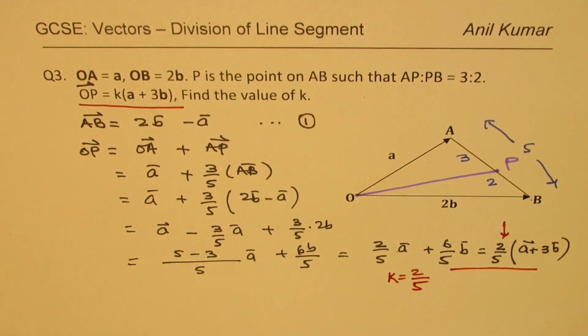Is that clear? So all the questions which are related with division of a line segment, we also call it a section formula, can be solved in this fashion, right? So you don't even have to remember the formula. Well, if you know the formula, you can straight away write the result.